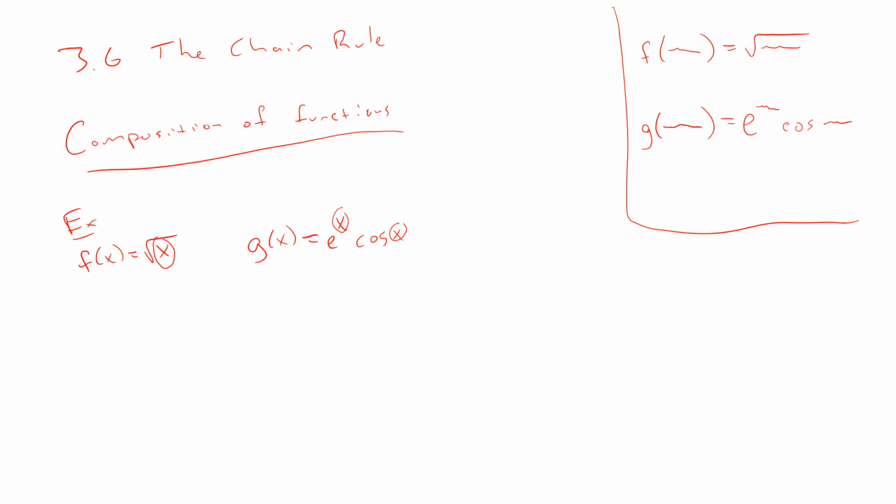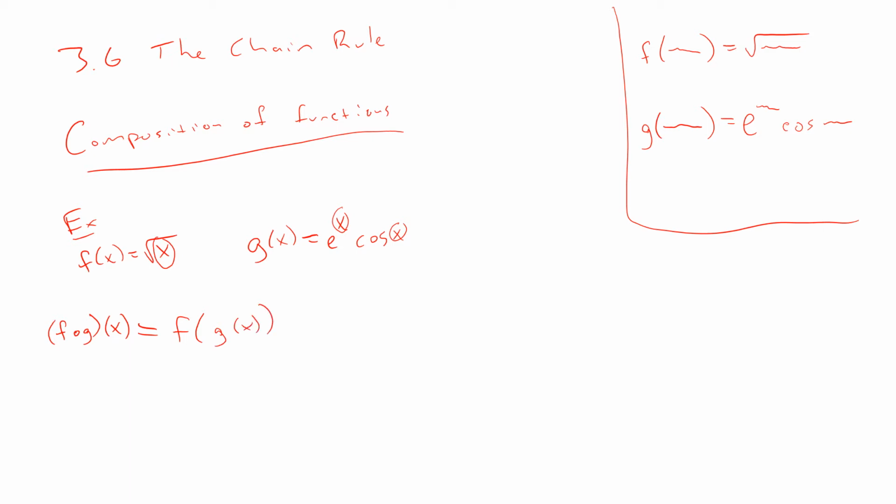So with that in mind, the composition of functions, the way we write this is we write f circle g. That's not a dot for multiplication, that's a circle. That means you're composing functions. F composed with g of x, by definition, means we're doing f of g of x.